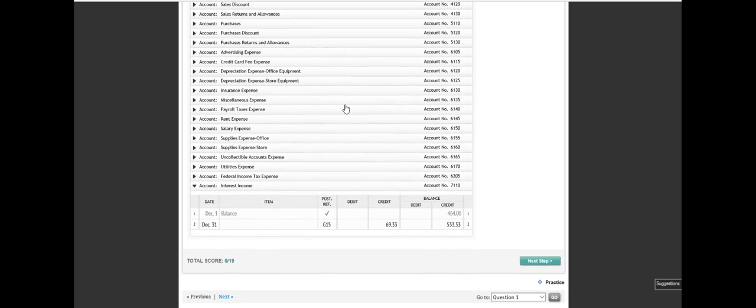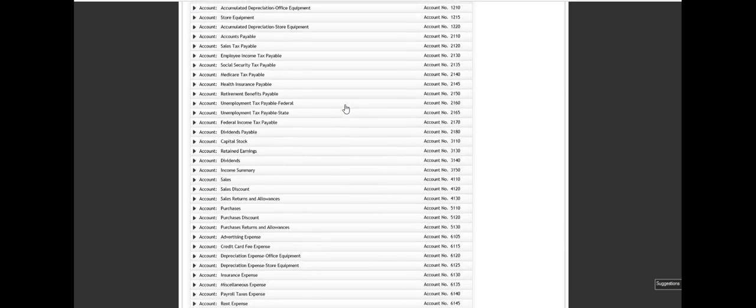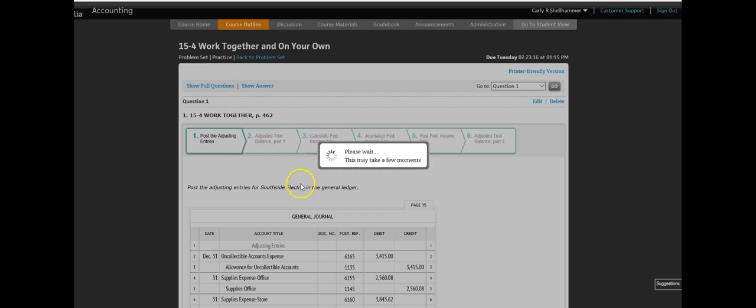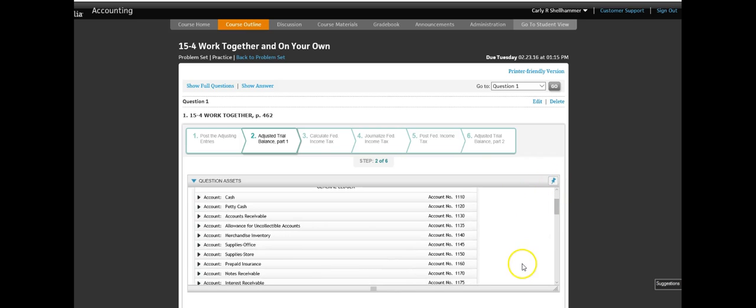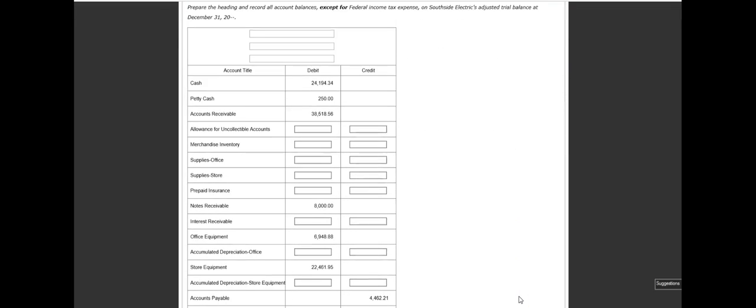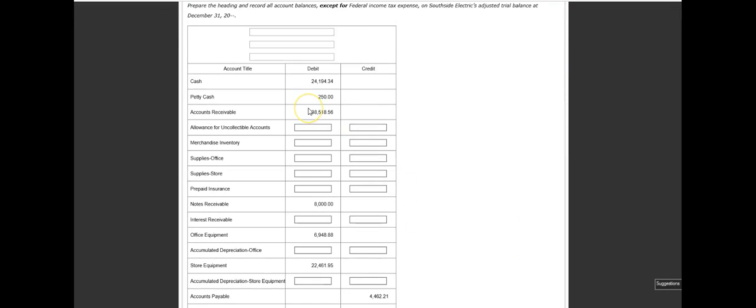Alrighty then, let's move on to the next step. Okay, now it says adjusted trial balance, part 1. Oh, doggy. This one's a long one. It says to prepare the heading and record all account balances except for federal income tax expense on Southside Electric's income tax.